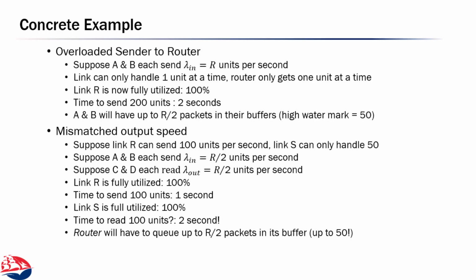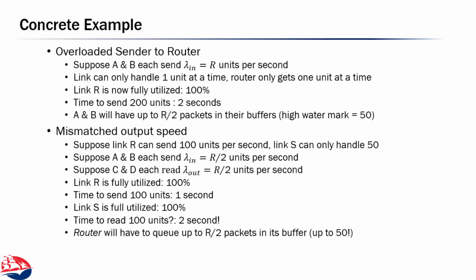In the third example, we have an overloaded sender to the router. A and B each try to send as much data as the wire can handle. That doesn't mean they'll actually be able to send that. In fact, hosts A and B's queues, buffers, are going to fill up.